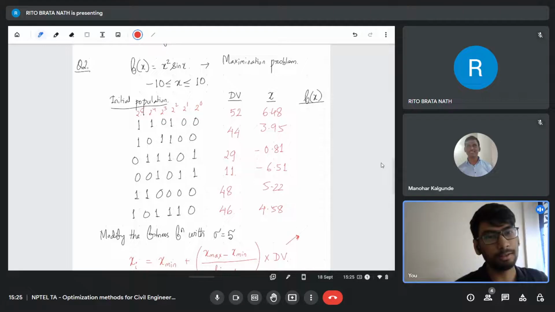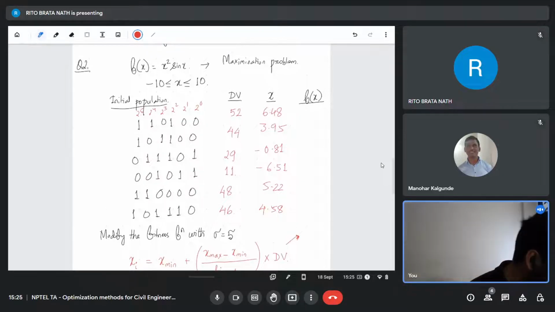When you do it in your calculator or anywhere else, make sure that when dealing with this trigonometric function, your calculator is in the radian mode because you're putting these values in radians. I think that is automatically taken care of in other solvers like Excel or Python, so not to worry about that, but you need to be careful you are not putting those in degrees. So I have converted my calculator into radians, so that's not a problem.